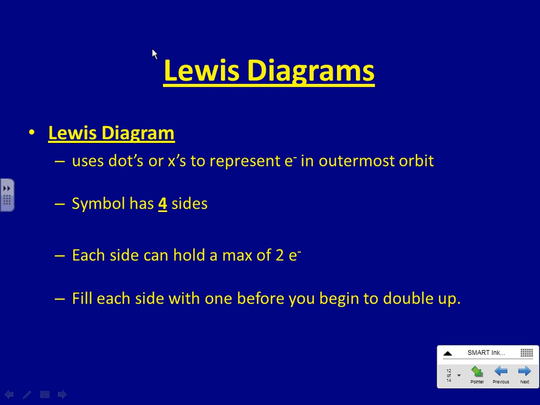So a guy by last name Lewis, can't remember his first name, simplified this idea of diagrams so that all we had to know was what element we're dealing with and how many electrons there are in the outer orbit. And with that simplification, we can make our diagrams much easier than drawing all these circles and things.